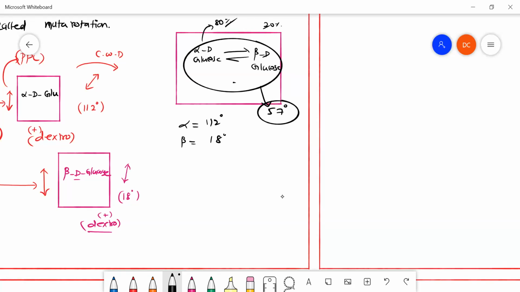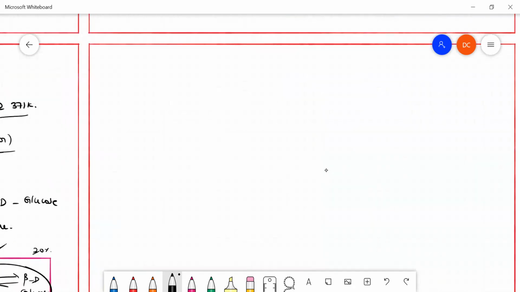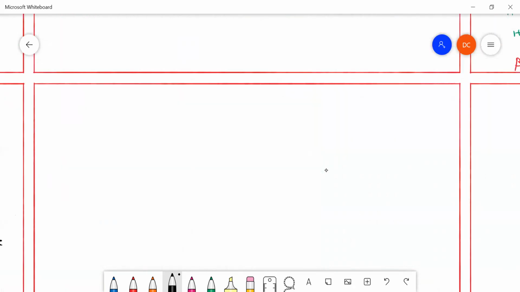Another very important thing is whether alpha D glucose and beta D glucose are reducing sugars or non-reducing sugars. Whether both alpha D glucose and beta D glucose are reducing or non-reducing.